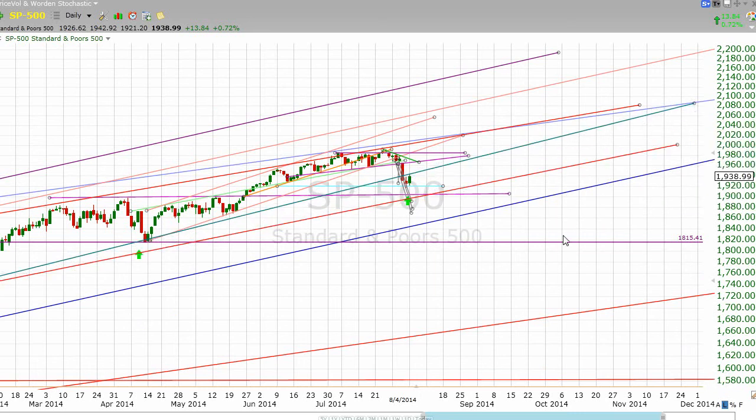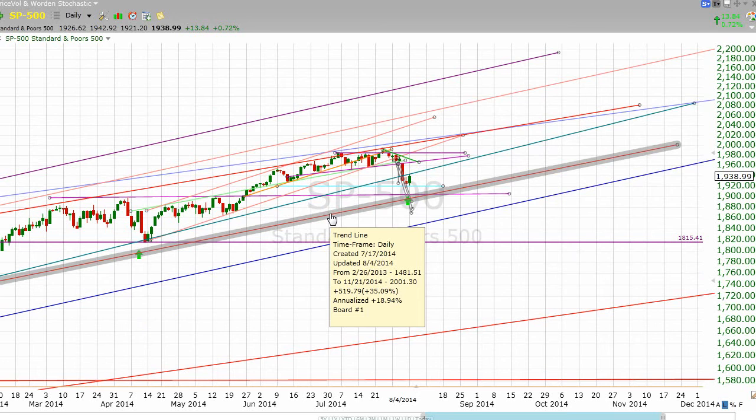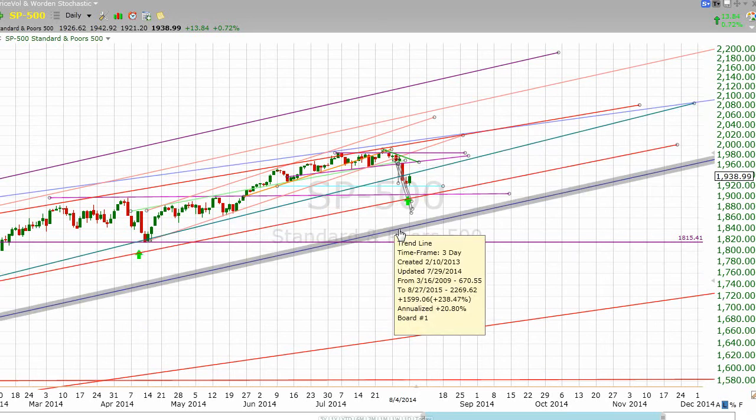We've seen this a number of times. I think it is important for this red line to hold. I think it's very important for this blue line to hold up.